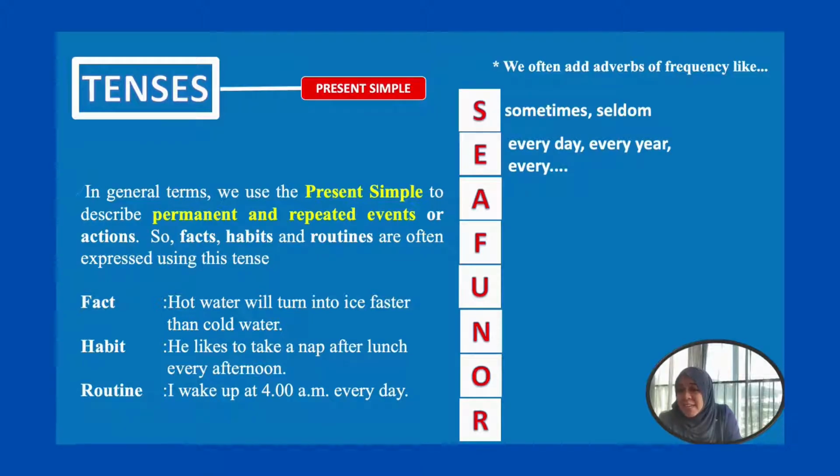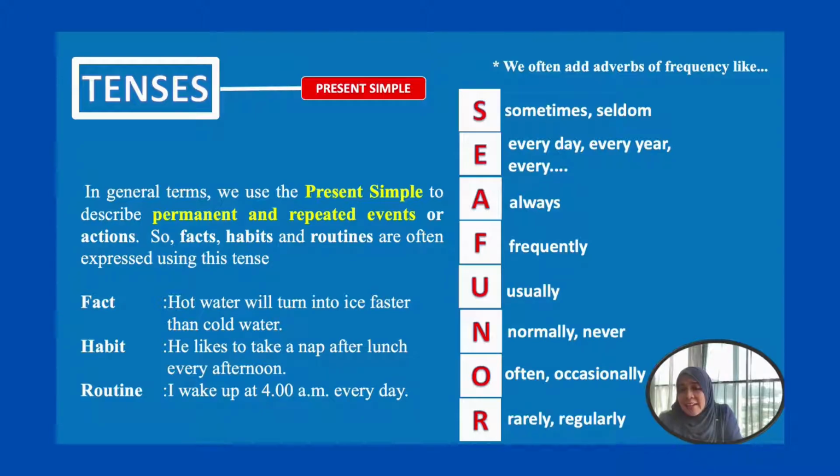E stands for every day, every year, every month, every night, every 10 years, every 20 years, and so on. A stands for always. F stands for frequently. U stands for usually. N stands for normally or never. O for often or occasionally. And R for rarely or regularly.